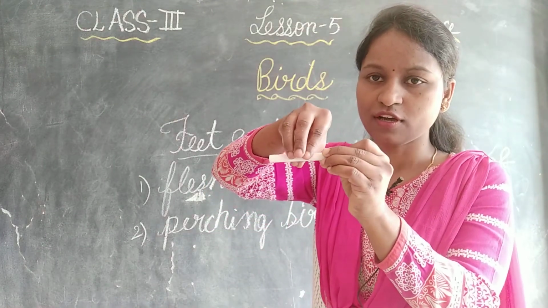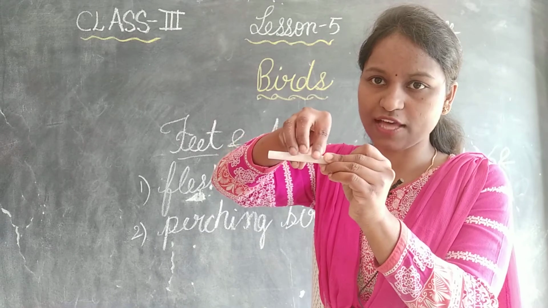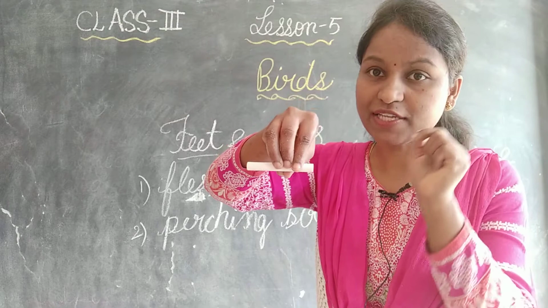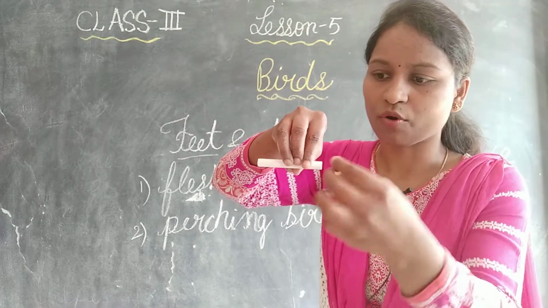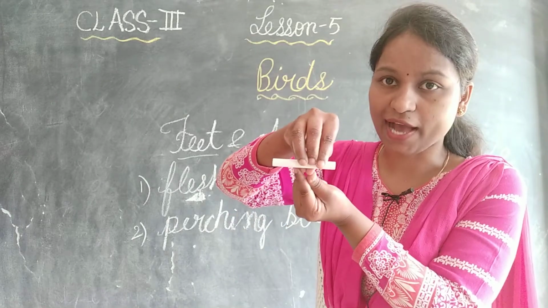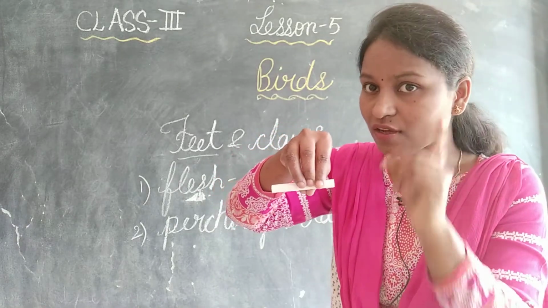With the help of claws, this is how the birds are perching, meaning sitting on the branch. The three toes are on the front side and the two toes on the back side, because of the claws.